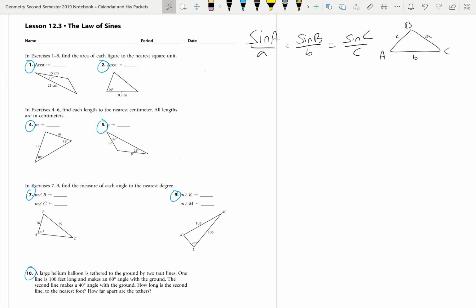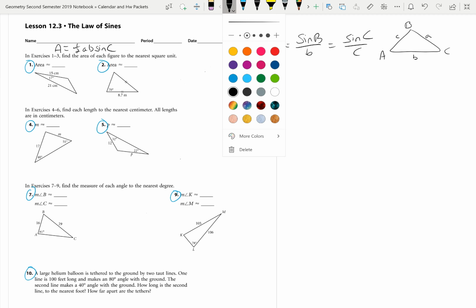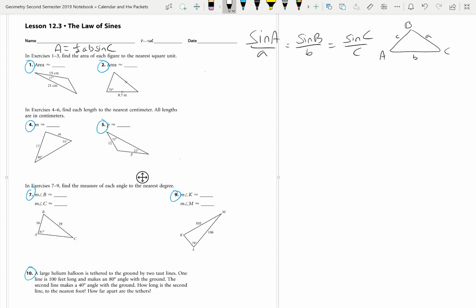The area equation is 1/2 ab sine C. I want to get some room here so I can actually work. 1/2 ab sine C is for a triangle where you have sides a, b, and angle C. So you can see angle C is in between a and b.